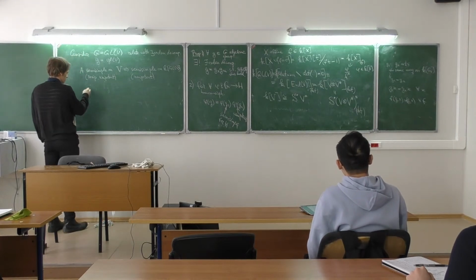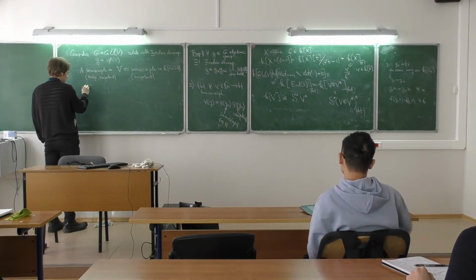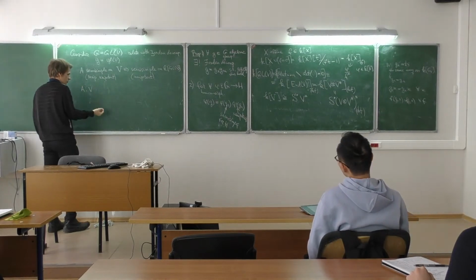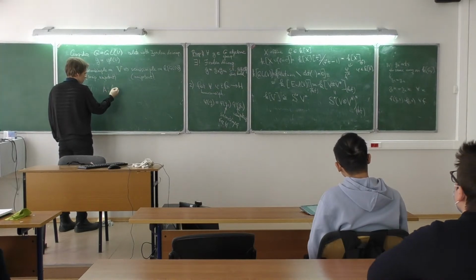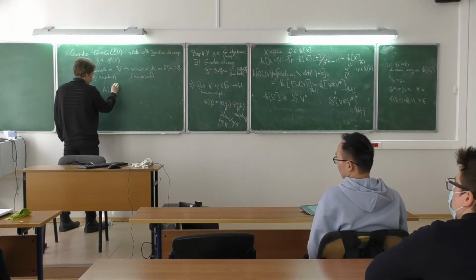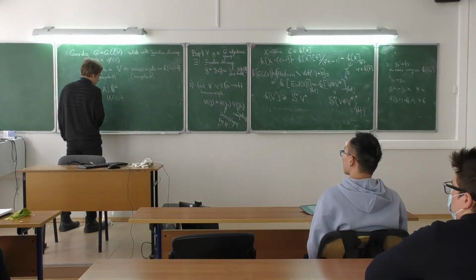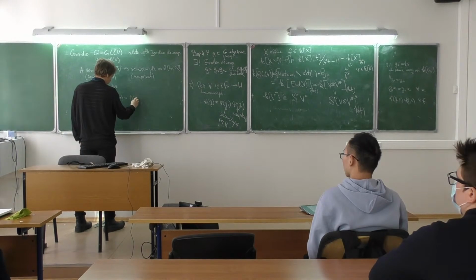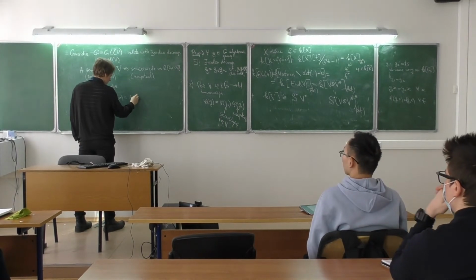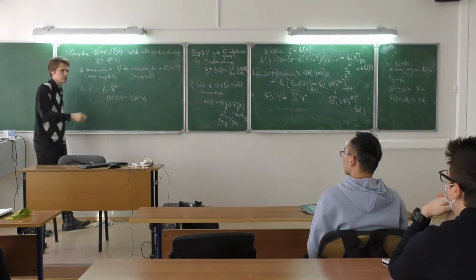A acts on V via the usual formula, and on V dual via the formula that A applied to a linear function L is L of A inverse, because it is an element of the group and you want to have an action.